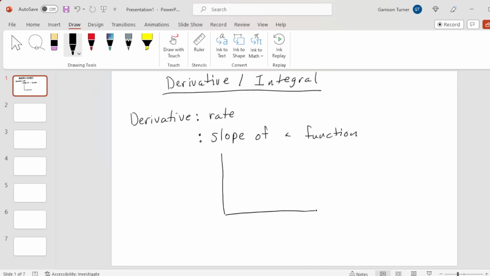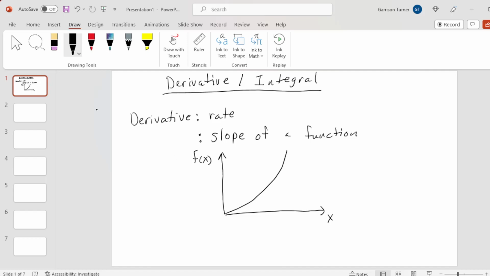suppose I have a function, and let's say that my function f of x is on my y-axis, and my independent variable x is on my horizontal axis. And we don't know what the function is yet. We'll define specific functions shortly, but let's just say I have a function that's increasing like this. Okay?